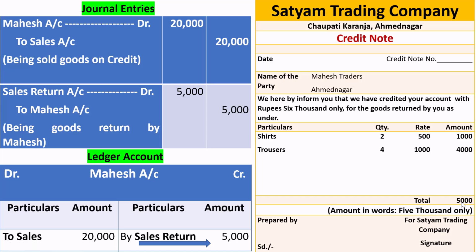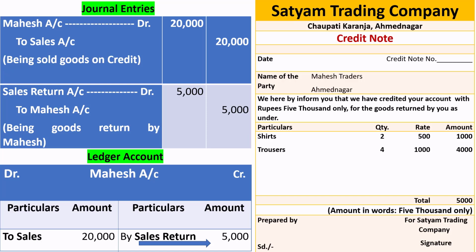So what does the credit note contain? The credit note contains the heading, that is credit note number, date, and the name and address of the party. Mahesh Traders is the debtor, he is a customer. The important sentence that we have to write in the credit note is: we hereby inform you that we have credited your account with rupees 5,000 only for the goods returned by you as under.